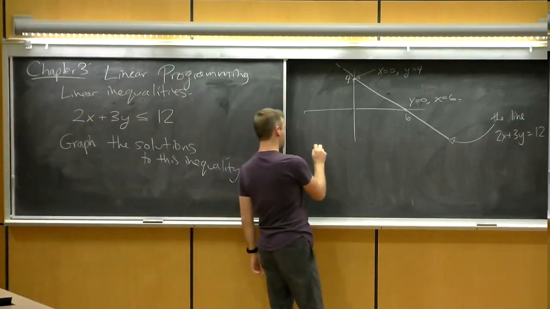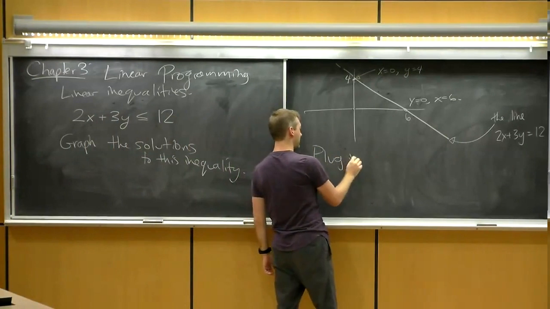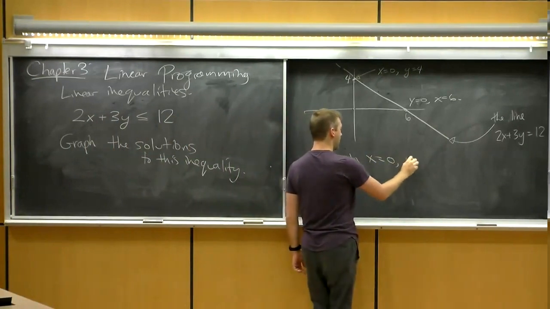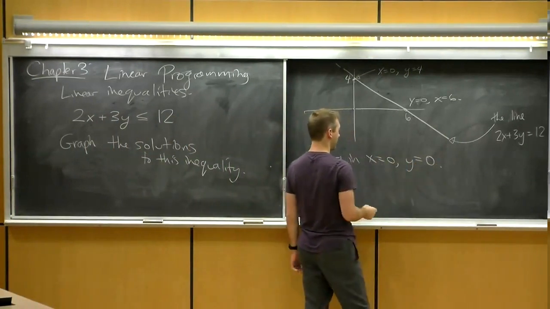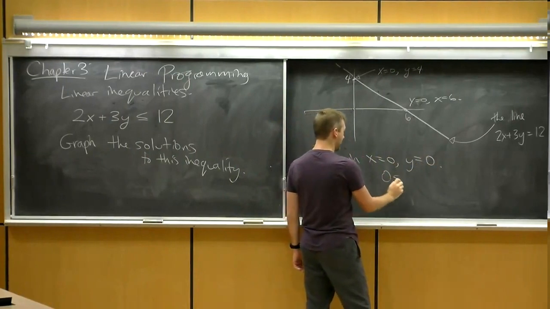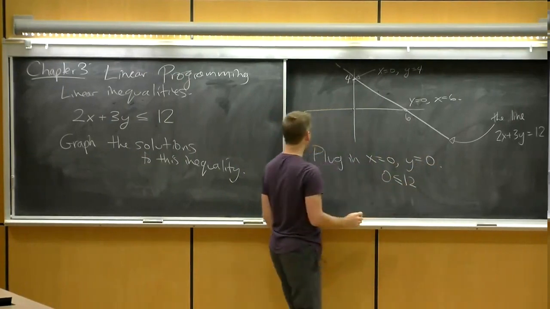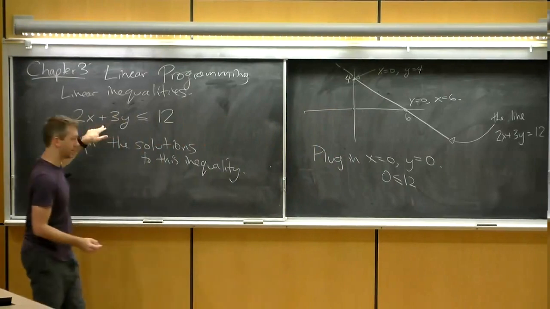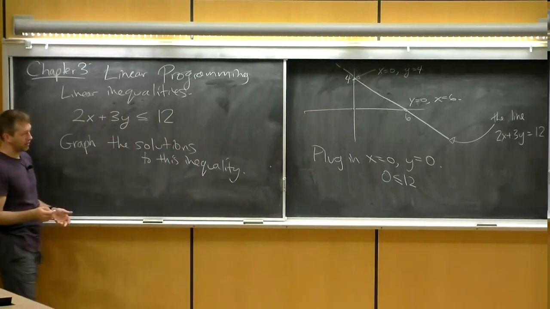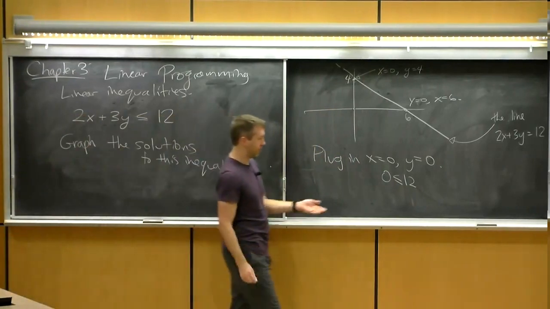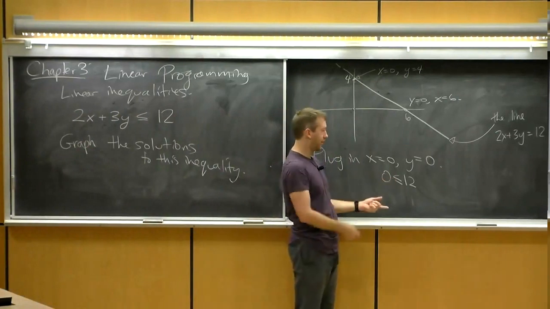So plug in x equals 0, y equals 0, and then we get 0 is less than or equal to 12. That's what you'll get here. And remember, the alligator eats the big side. So this is true.